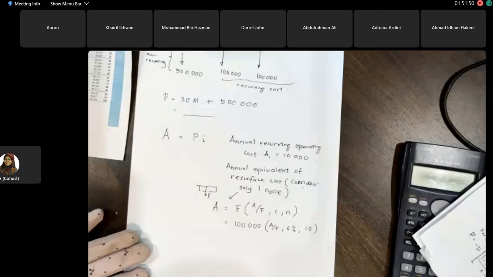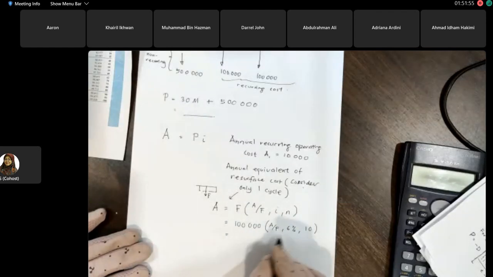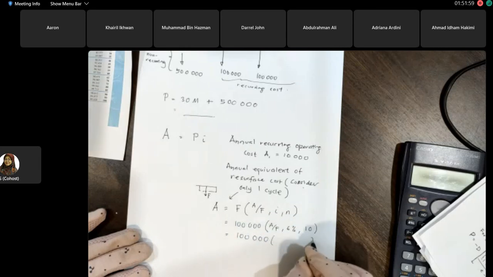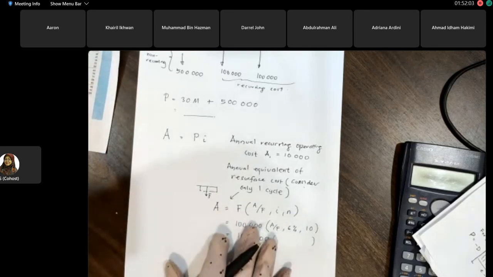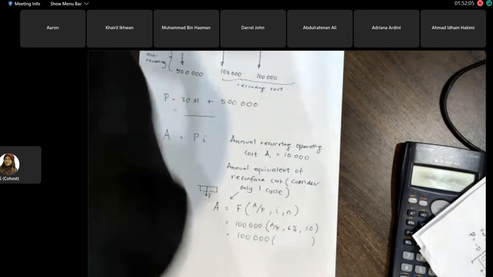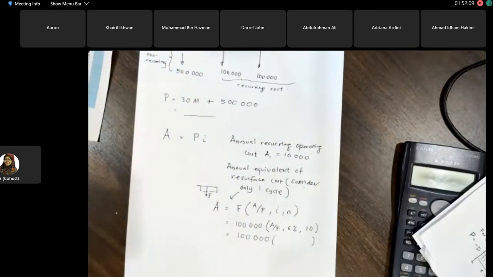So what is the answer? We have to find it. 100,000 ringgit. So A over F, 6%, I don't have it. 6%. Oh, there's no answer.